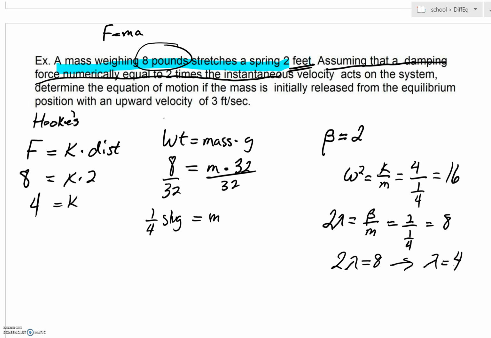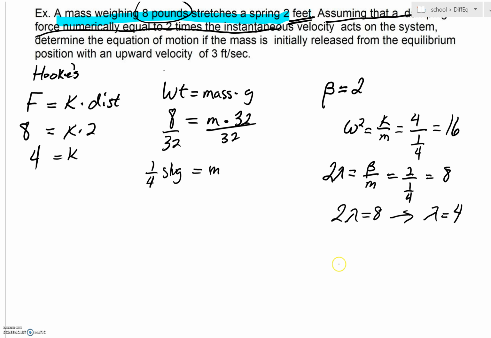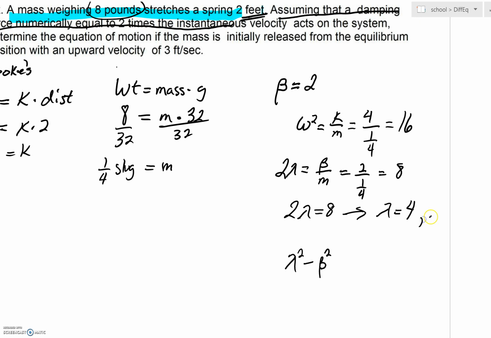I think sometimes kids even question why I'm going in that direction. I'm going in that direction, guys, maybe just to point out the big question of what we've been looking at. What's happening when we've got lambda squared minus beta squared? Well, lambda squared is going to be 16.